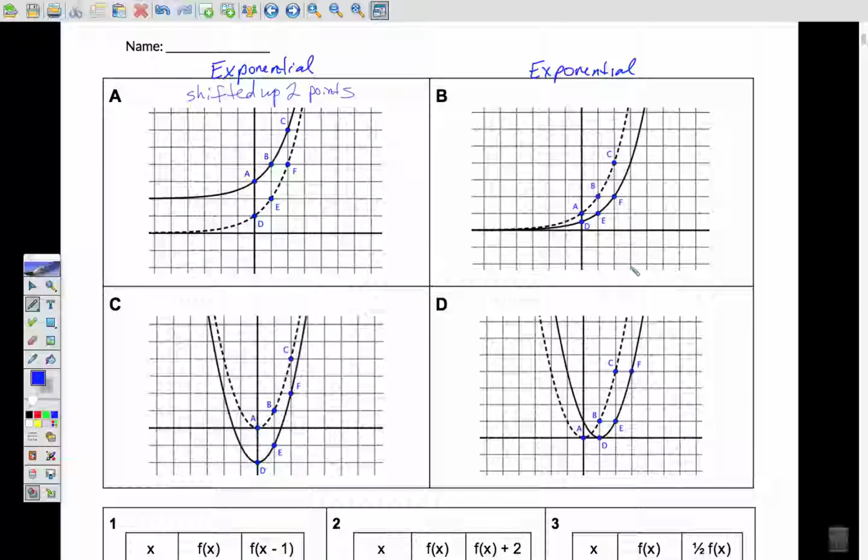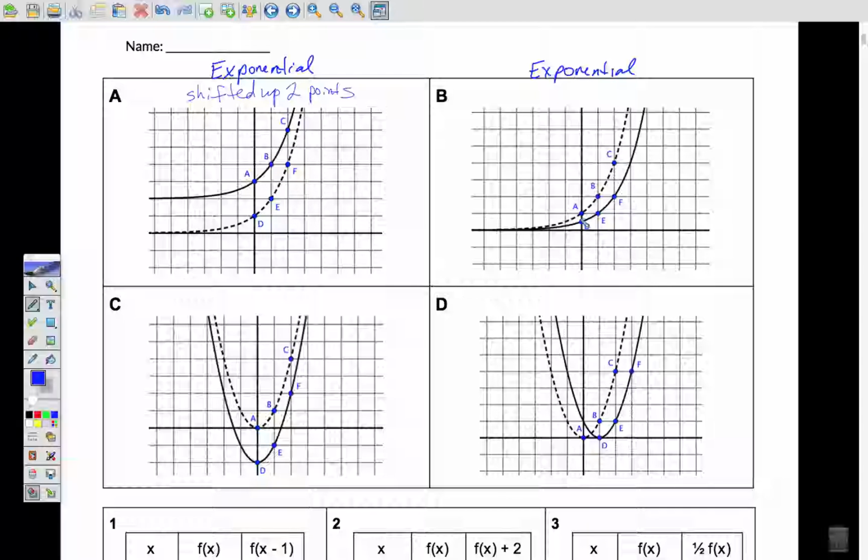How are they different? So similar in that they're both exponential. So let's look and see. This one went up a half a unit. This one went up 1. This one went up 2. So I can't say that it's all shifted up or down because it's not the same.